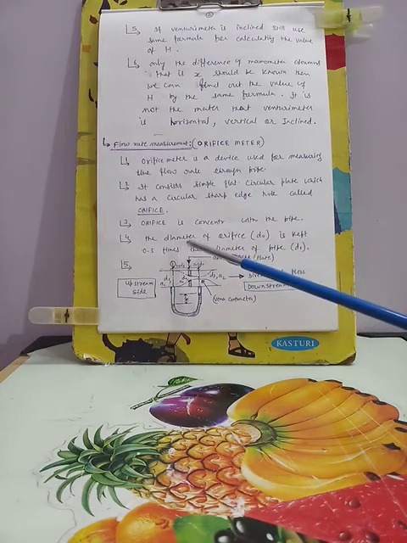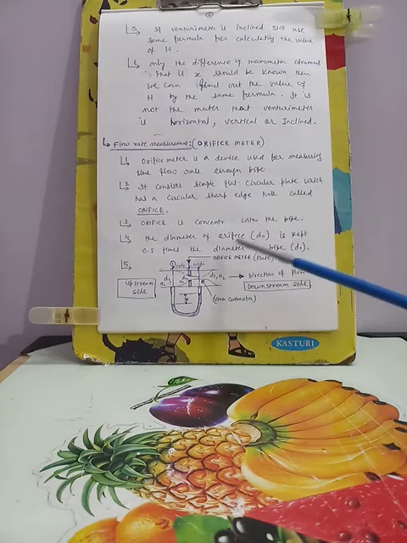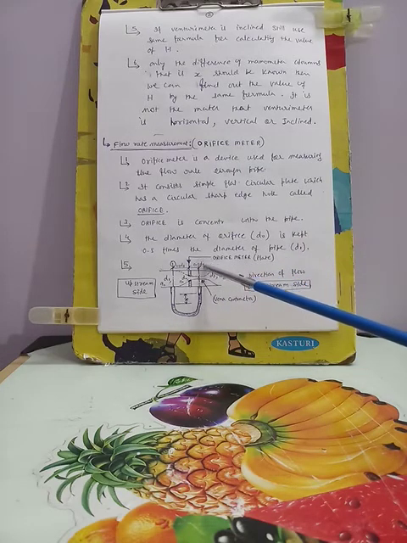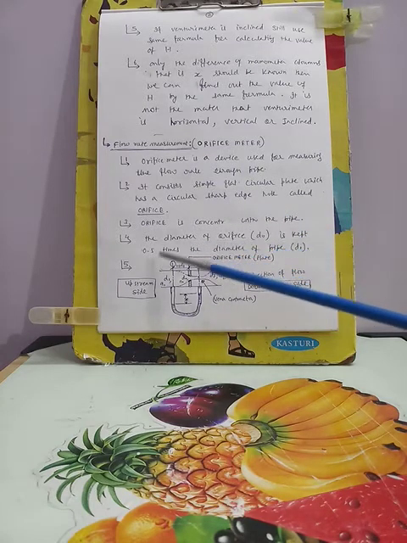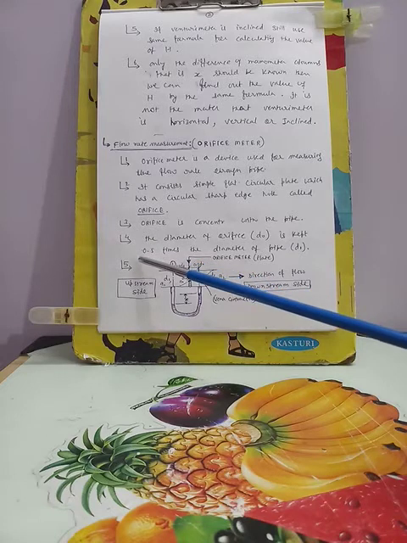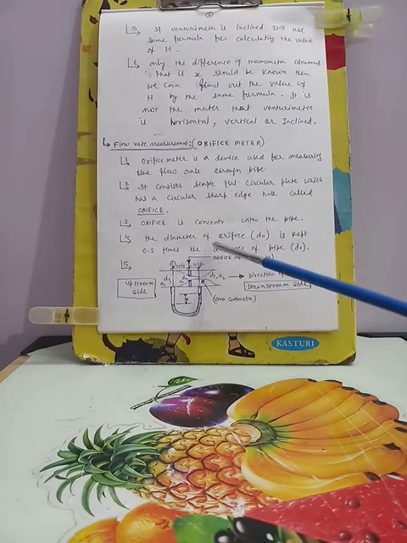It may not be exactly 0.5 times D1. There is a range of 0.4 times D1 to 0.6 times D1, but I have taken the average, 0.5 times the diameter D1.